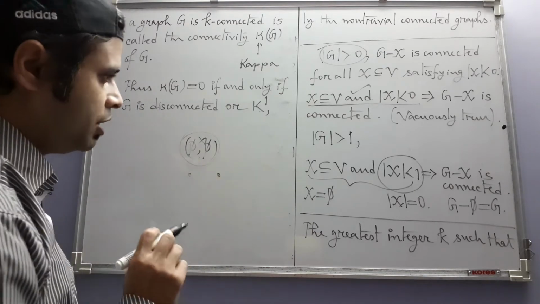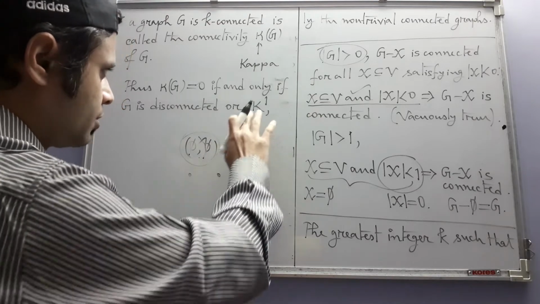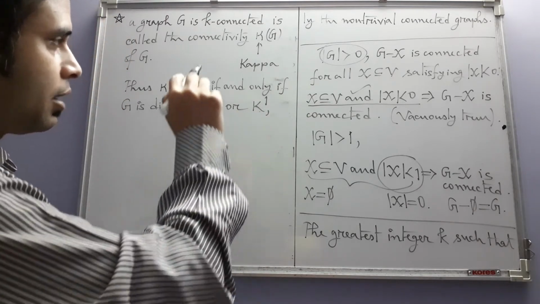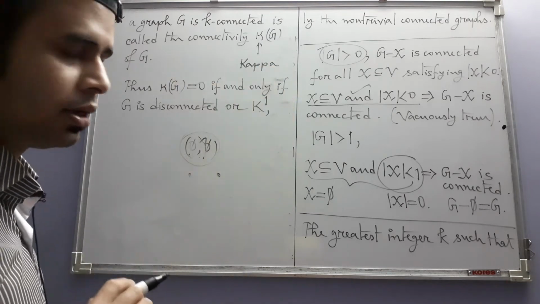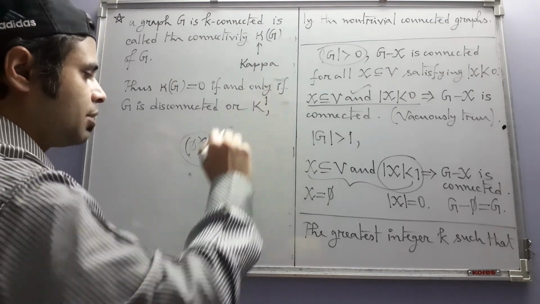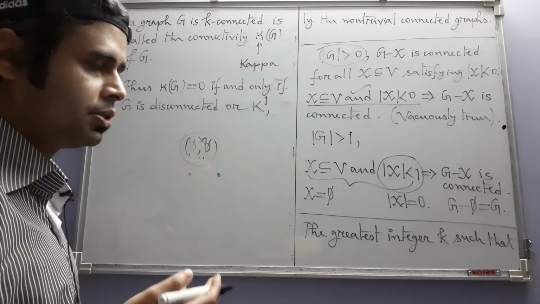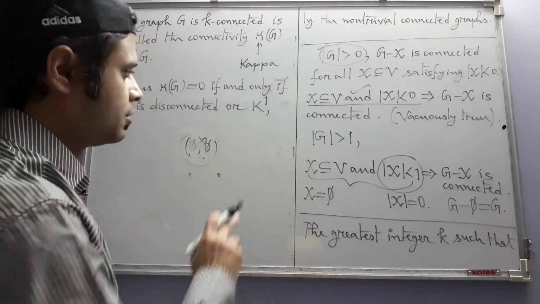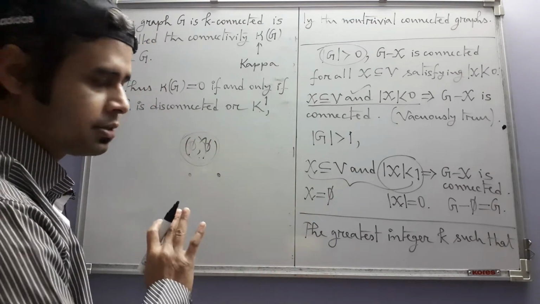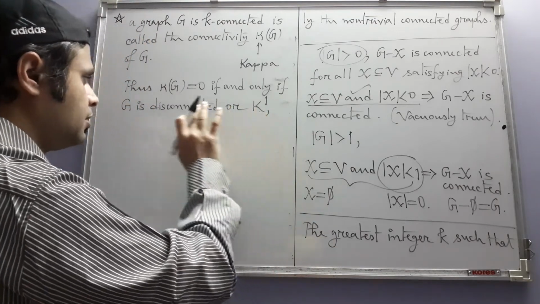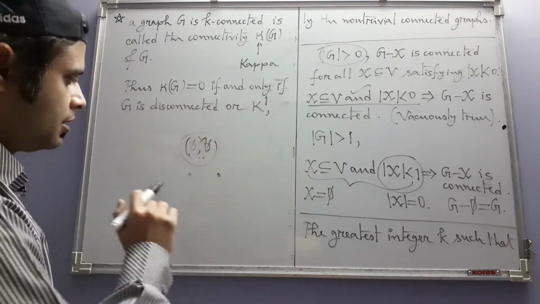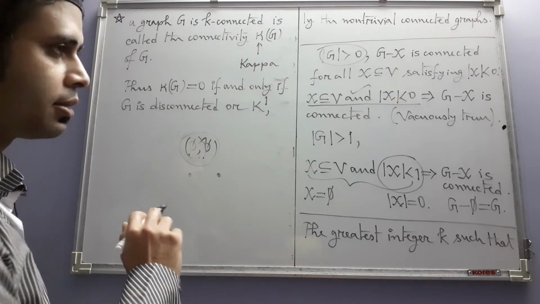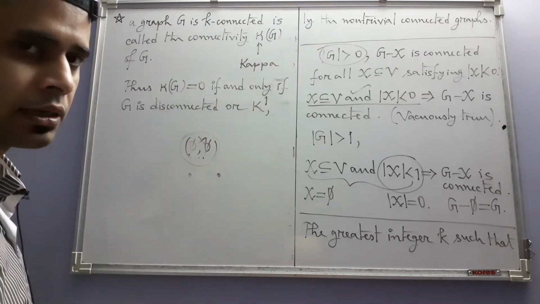And now we need to argue that G is not one connected. So the one connected graphs are non-trivial connected graphs. If G is K1, then it cannot be one connected because it does not have more than one vertex. So that case is settled. If G is disconnected, then it has more than one vertex. However, it is not connected, so it cannot be a one connected graph.